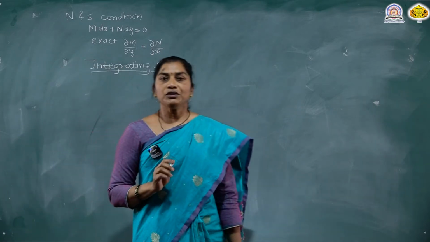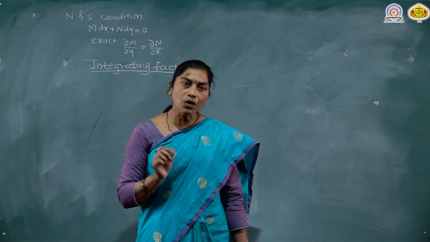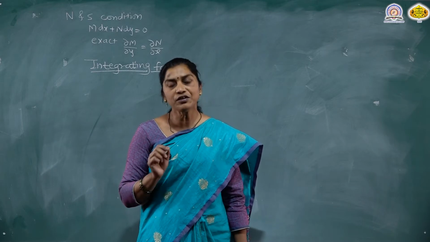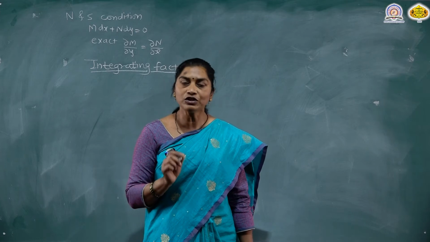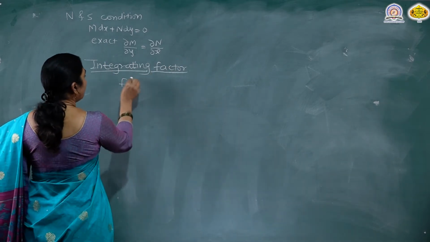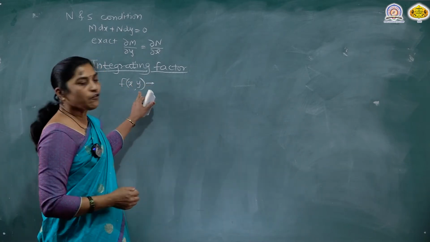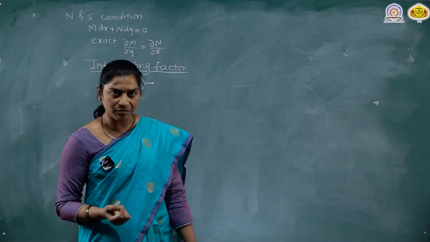If the equation M dx plus N dy equal to 0 is not an exact differential equation, it can be reduced to an exact differential equation by multiplying it by some function of x and y, say f(x,y). Multiplying the equation by this f(x,y), the equation becomes exact.